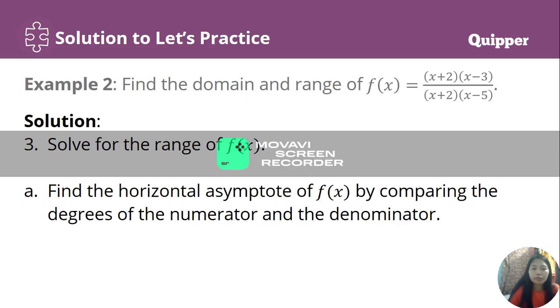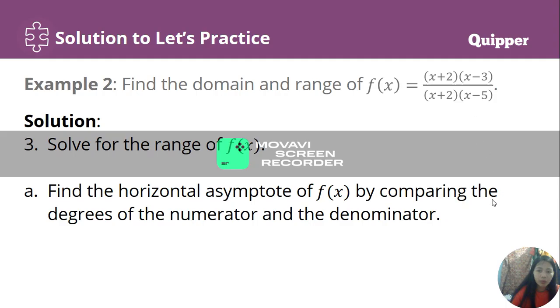Now, we will solve for the range. In solving for range, we will find the horizontal asymptote by comparing the degrees of the numerator and denominator. As you can see here in the given, they are both equal. We have degree 1 here, degree 1 here, and degree 1 here.